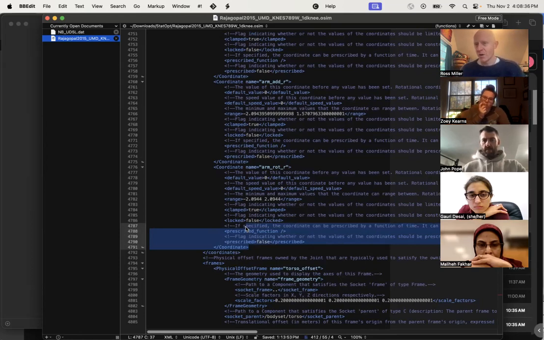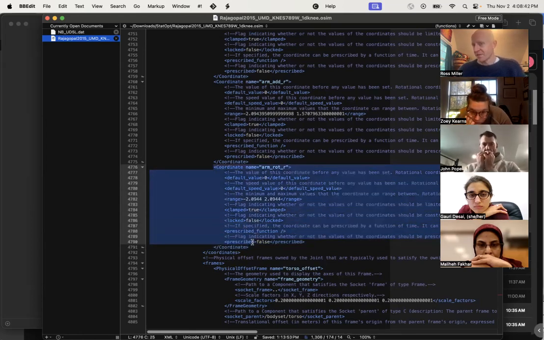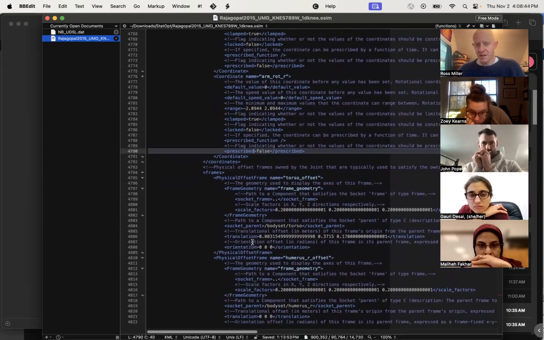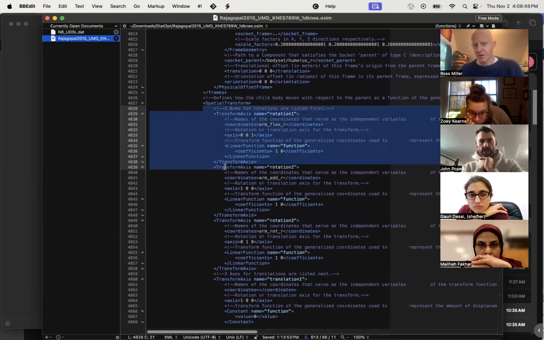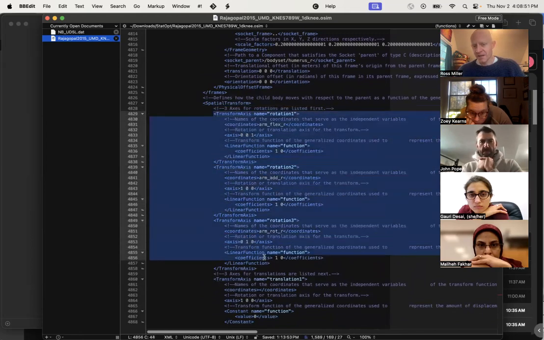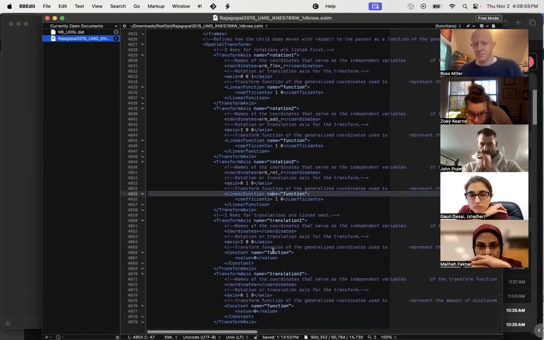You can name them whatever you want. I'd just call them arm X, arm Y, arm Z, or something like that. But that's not the end. You have to go down here and define the spatial transform. You've got those 3 rotations defined, with a rotation linked to the arm flexion coordinate, the arm adduction coordinate, and the arm rotation coordinate.